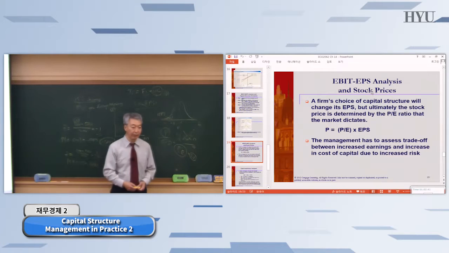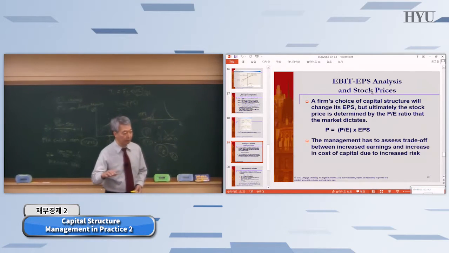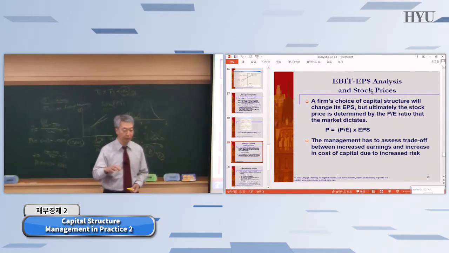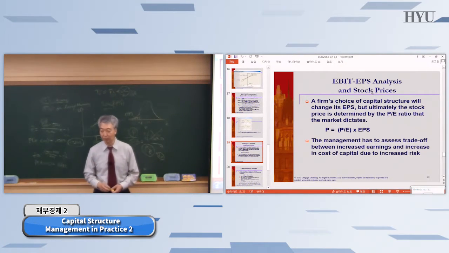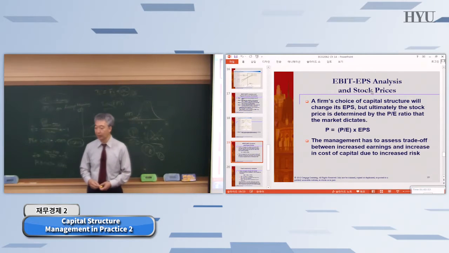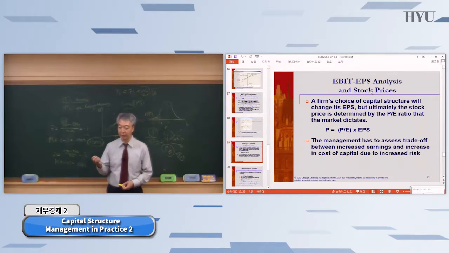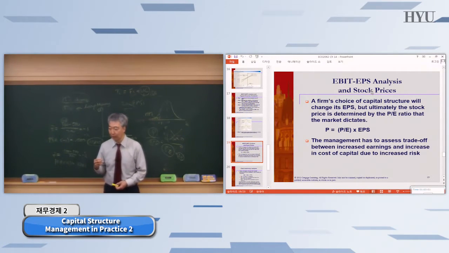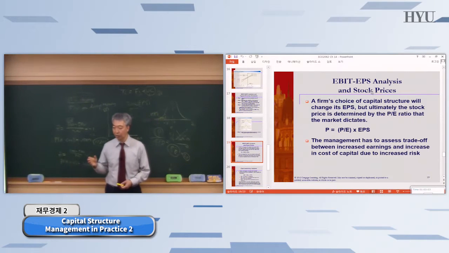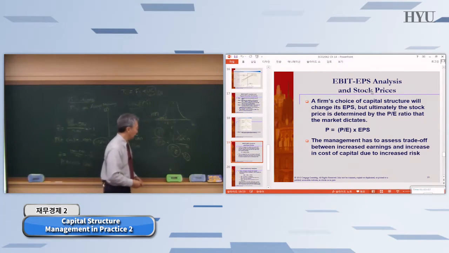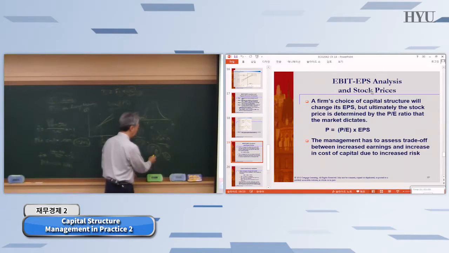So even when you compare companies in the same manufacturing industry, depending on the debt equity ratio and all kinds of profit perspectives and the risk and so on, the analysts assign a different P/E ratio to a different company. So there is what's called the P/E ratio.